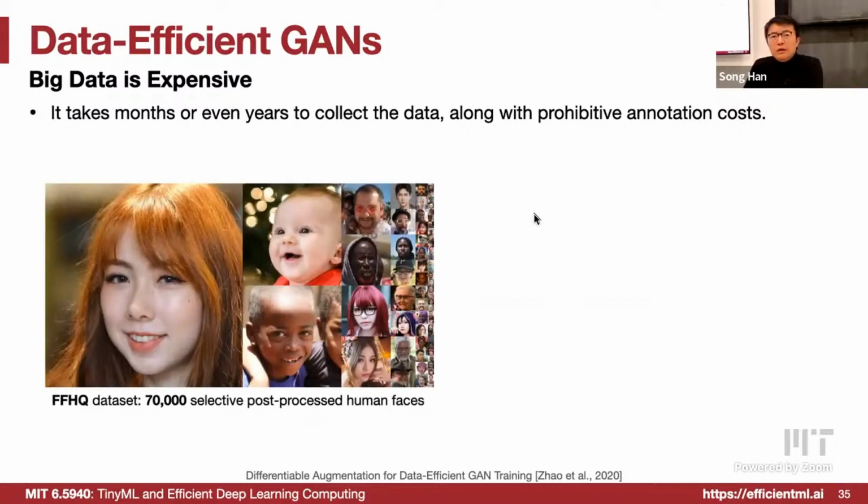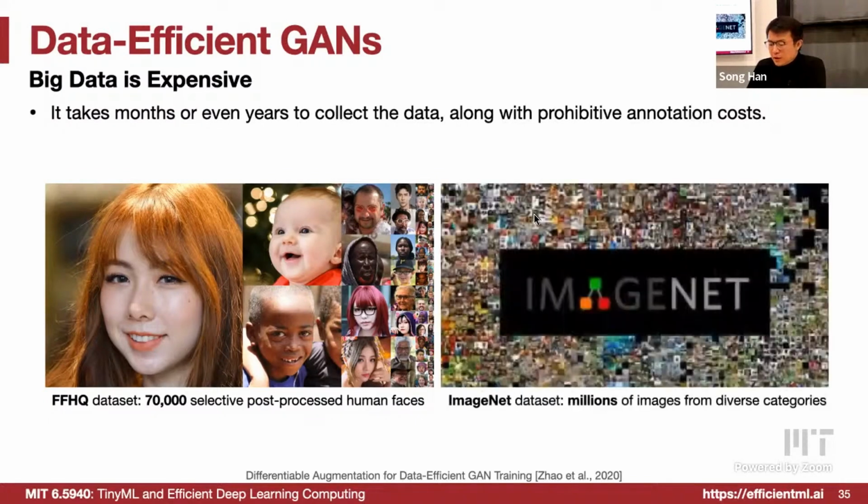There are some popular datasets used for training these generative models. One of them is FFHQ, which contains 70,000 post-processed human faces. Another popular one is ImageNet, containing more than 1 million images of diverse categories.